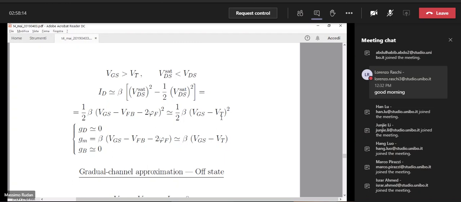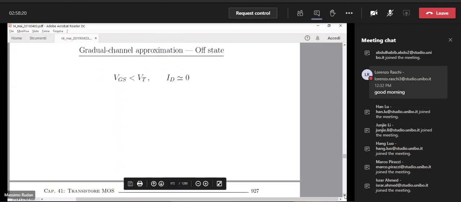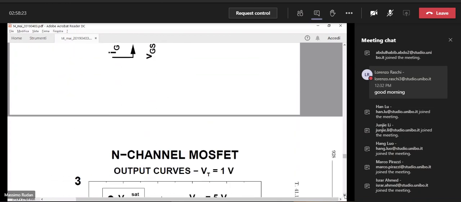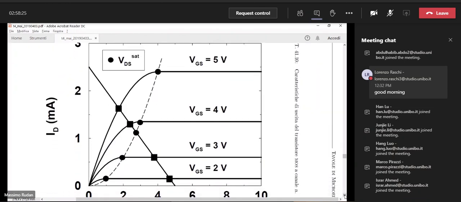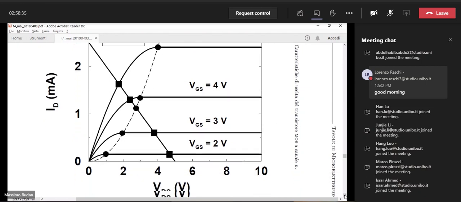Obviously, the current depends only on VGS because the characteristics are horizontal, so they do not depend anymore on VDS, but they do depend on VGS because they grow parabolically when VGS grows.